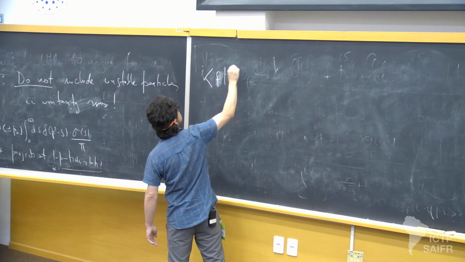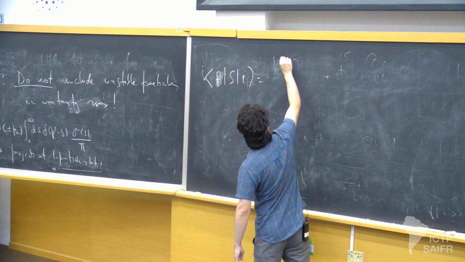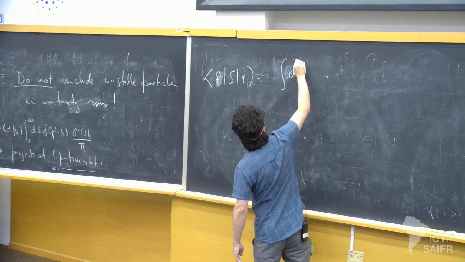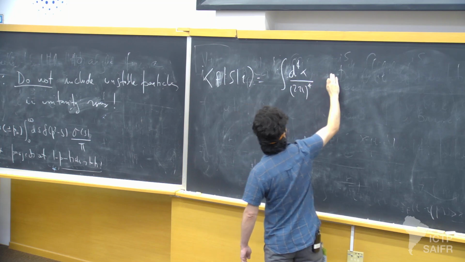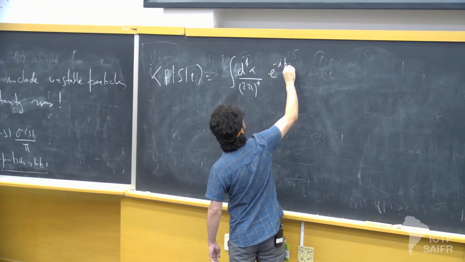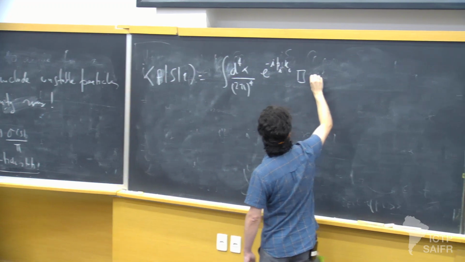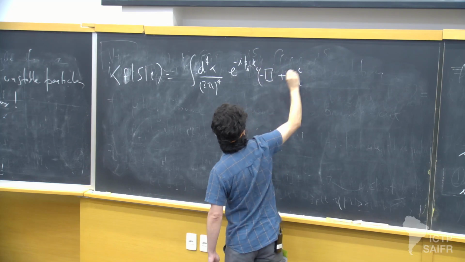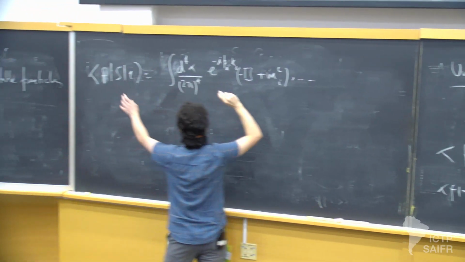We have a bunch of integrals here, d^4x, times minus box plus m_i squared for each particle.